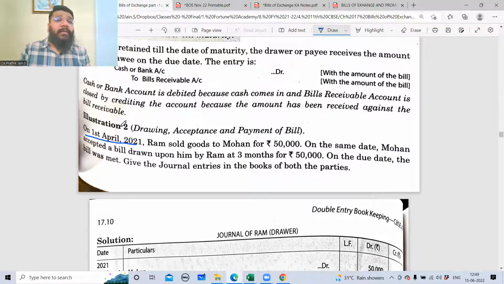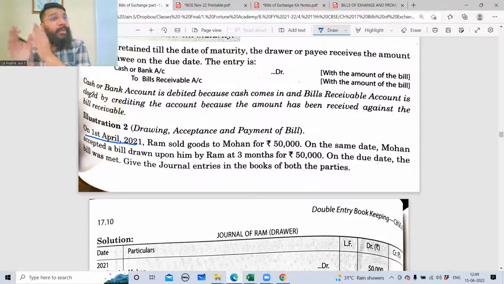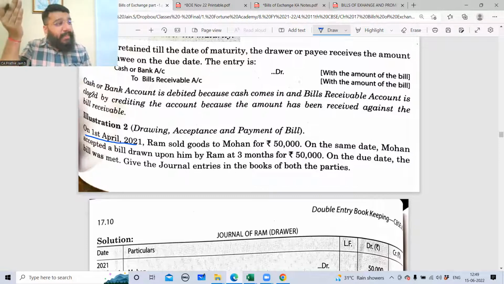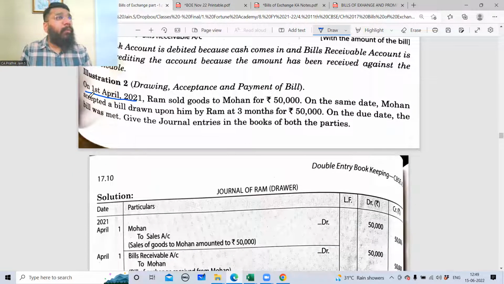The reason being, the first question of your ICAI study material, the illustration 1 of the CA book, is the question based on the retirement of bill and renewal of bill. So that is a little bit advanced concept. So I'm doing a warm-up, and questions can come from this area also in your exams. Since those questions are missing there, I'm doing the questions from the special book. Clear with this point? So we'll get a warm-up and then we'll go to the ICAI book. So today I think we'll be working out from this book, and probably from next class onwards we'll be doing a workout from the ICAI study material.